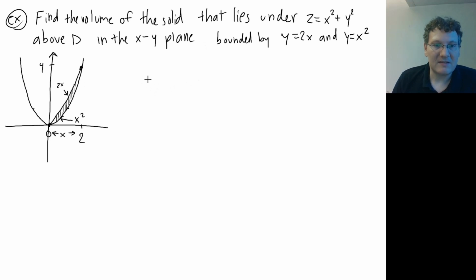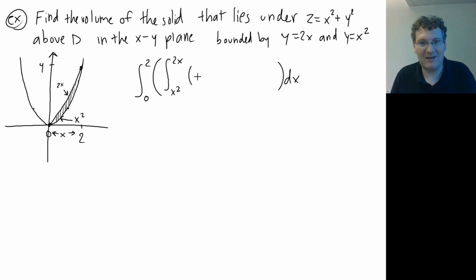That's exactly how I'm going to set this up. We're going to integrate from 0 to 2 in terms of x. But for y, the lower bound is going to be x squared, upper bound is going to be 2x, and the function I'm integrating is this surface, x squared plus y squared dy.